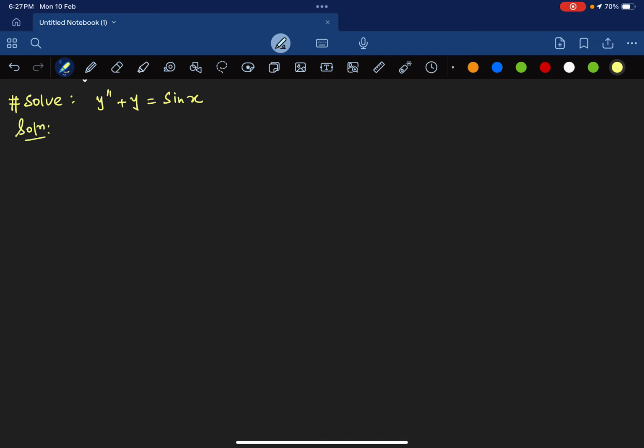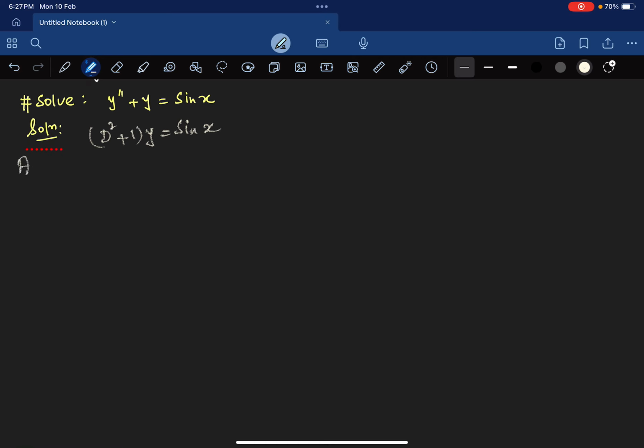Solution. Just like the previous step, here the equation is (D square plus 1) y equals sin x.